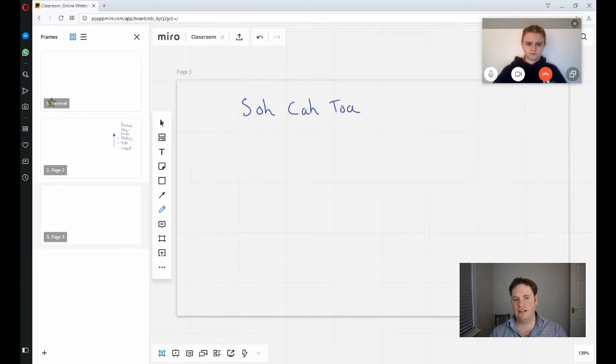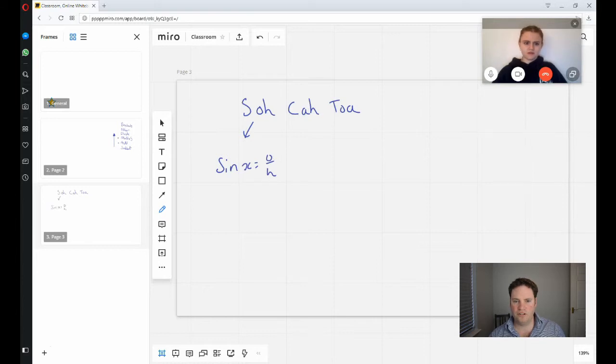So we have this phrase SOH CAH TOA. Do you remember how we use this to derive what all the three functions look like? Well, we've already done the SOH, which is sine is opposite over hypotenuse. Then the CAH, which is adjacent over hypotenuse.